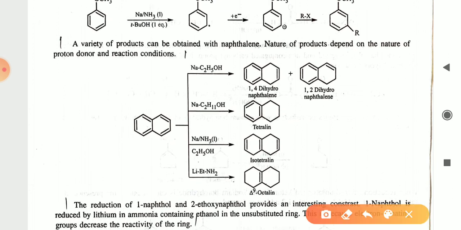So if we talk about naphthalene, the nature of the product depends on the nature of the proton donor and the reaction conditions.